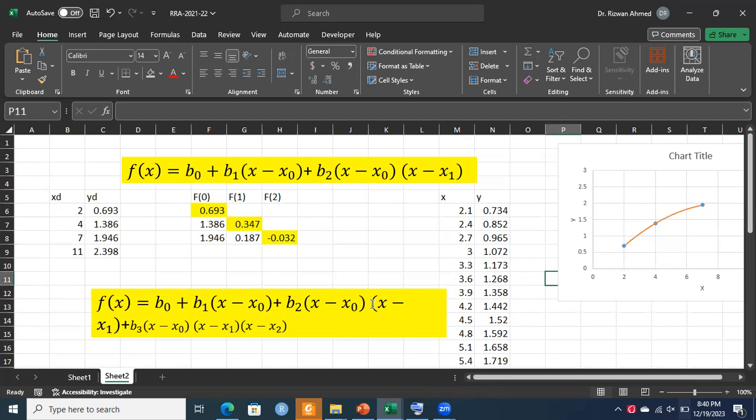And the beauty of Newton's polynomial is that the earlier calculations can be used to extract the new one.